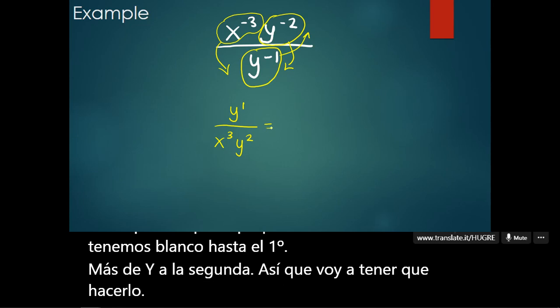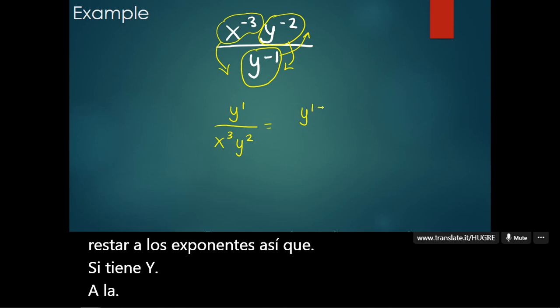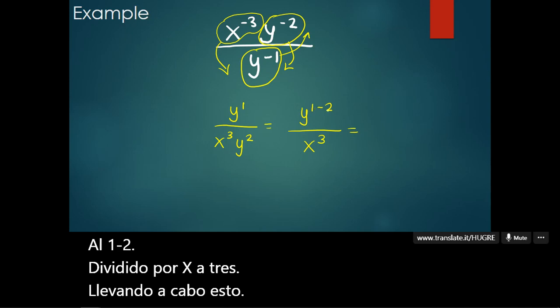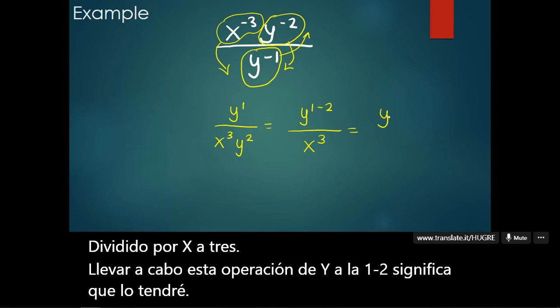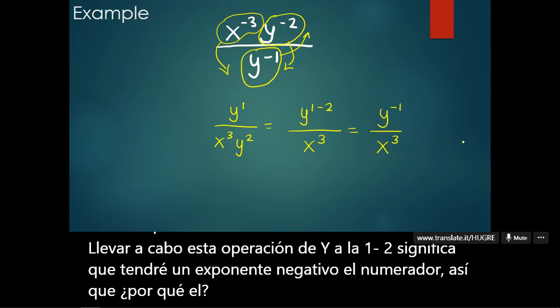So if I have y to the 1 minus 2 divided by x to the 3. Carrying out this operation of y to the 1 minus 2 means that I'll have a negative exponent in the numerator. So y to the negative 1 over x to the third.